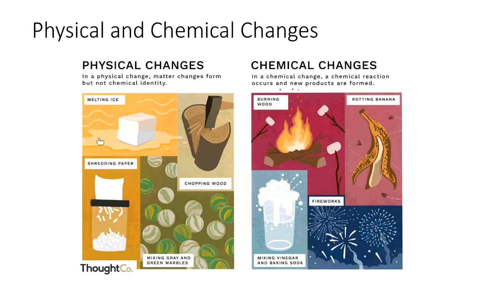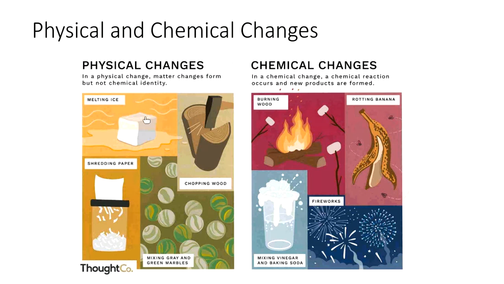Initially this was solid water, and at the end it's just liquid water, but the identity of that water is preserved, okay? So really any change in the state of matter is a physical change. You name it, evaporation, sublimation, condensation, all of them are physical changes because the identity is preserved.